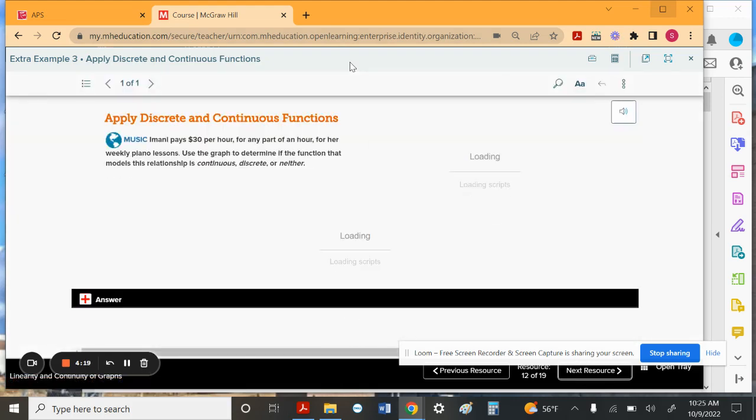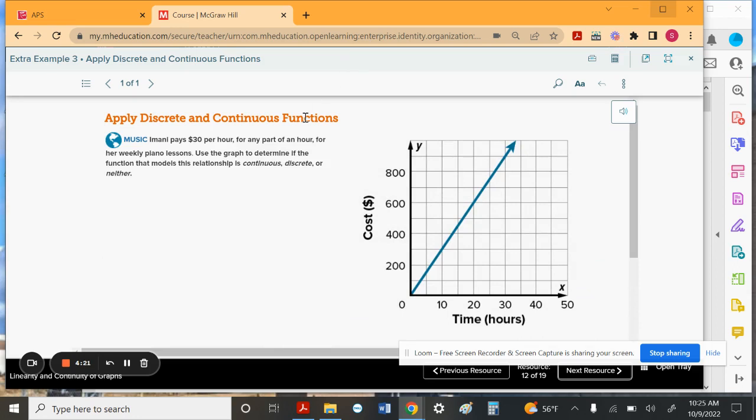Okay, so now we're going to apply discrete and continuous functions. So we're going to look at how those work when we're dealing with them in an application. So we're paying $30 an hour for any part of an hour for weekly piano lessons. So use the graph to determine if it's continuous, discrete, or neither.